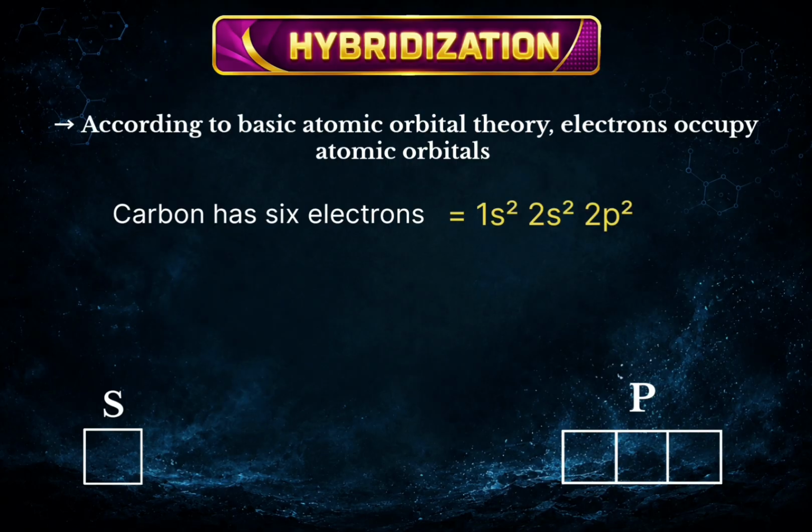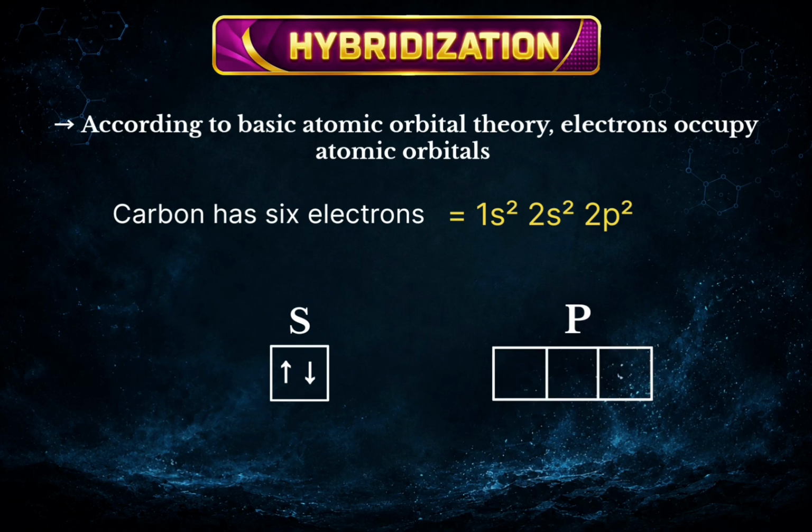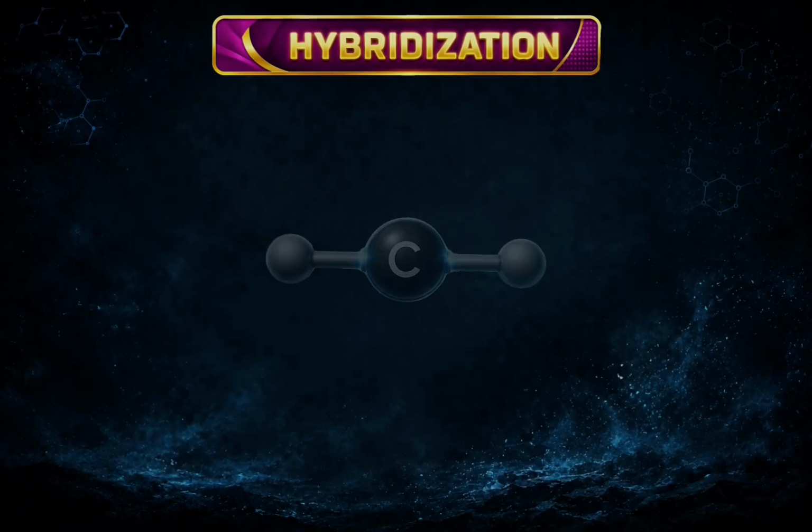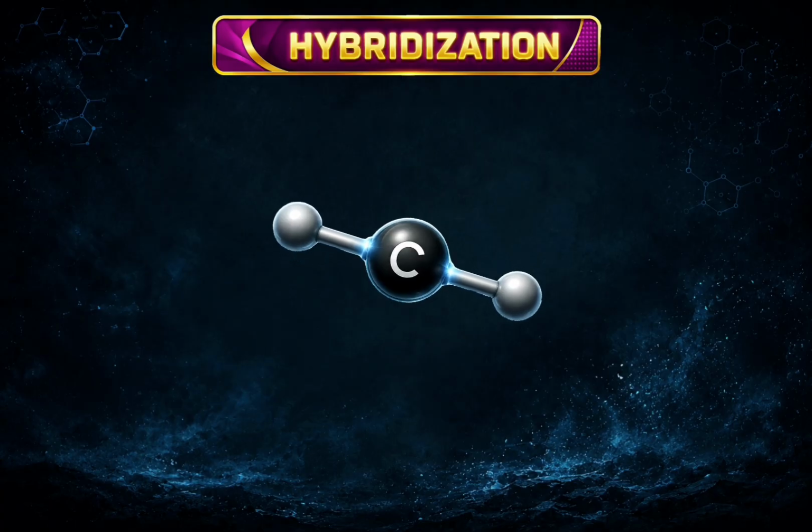Now focus only on the valence shell, because that's where chemical bonding takes place. Notice that the 2s orbital is completely filled, while the 2p orbitals contain only 2 unpaired electrons. Based on this arrangement, carbon appears to have only 2 unpaired electrons available for bonding. If that were true, carbon should form only 2 covalent bonds.